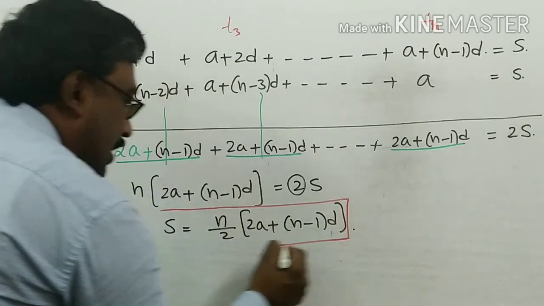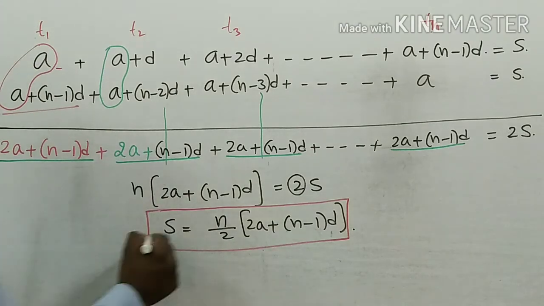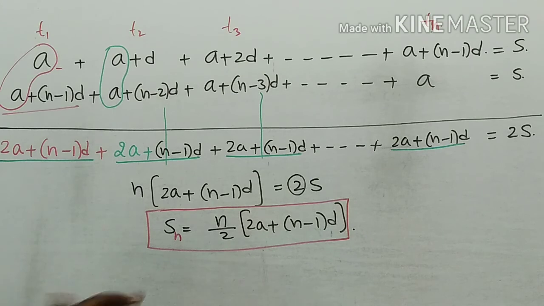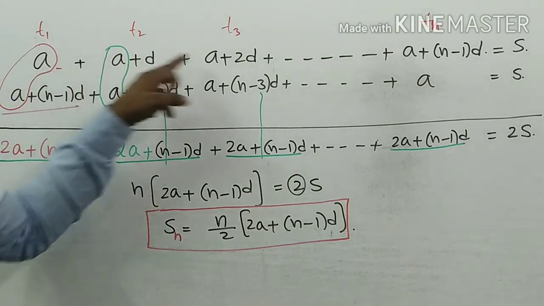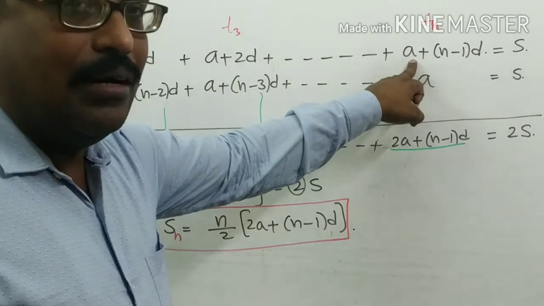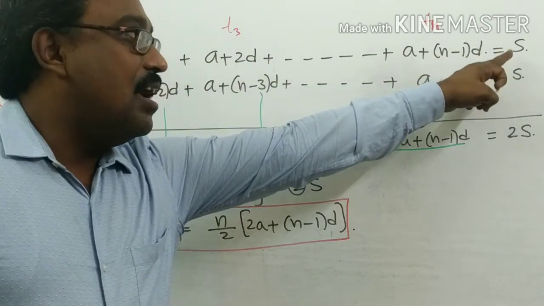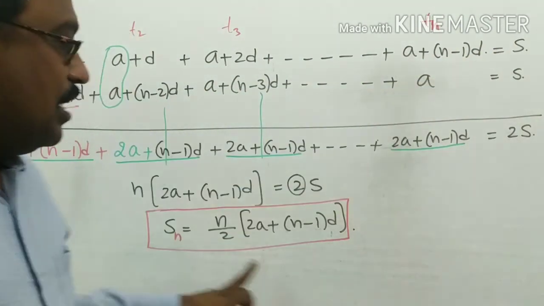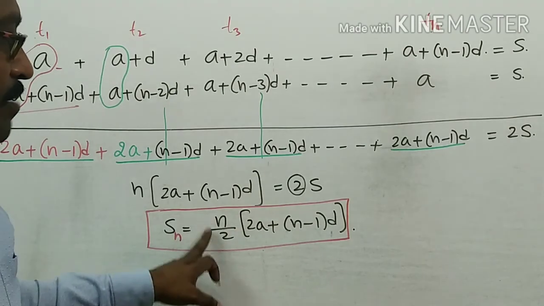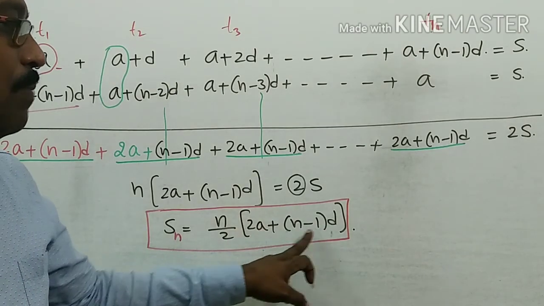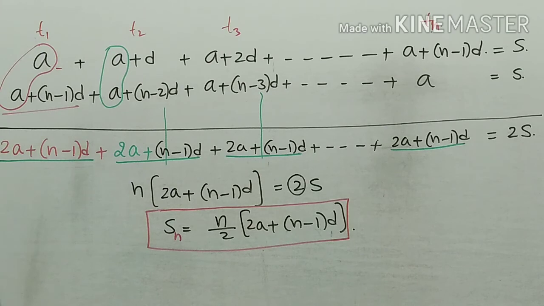Sum of n terms, Sn. This is the first term, second term, third term, nth term. So how many terms did I add here to get S? The sum of n terms is n/2 (2a + (n − 1)d).